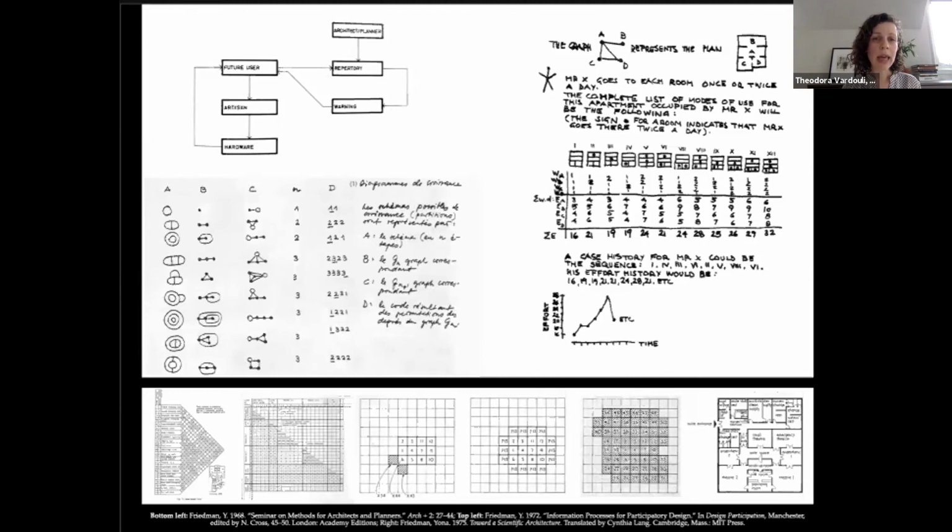And he imagined accompanying those with an objective evaluation metric that had to do with the efficiency of each floor plan based on a person's daily habits. So it's really interesting, because the idea was, these are the little numbers that you see here, that a person would be carrying a little keyboard with them, and every time they would enter a room in their house, they would press a button.